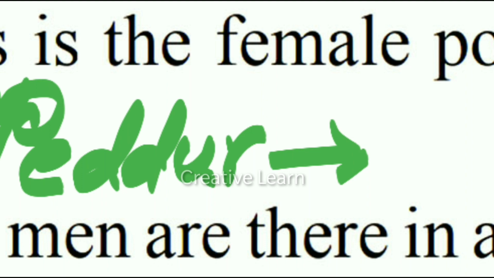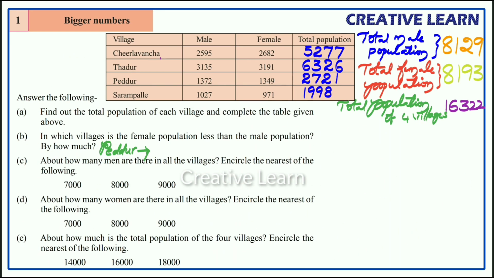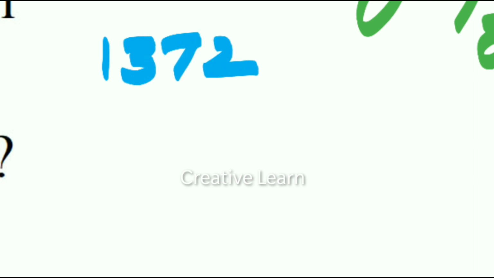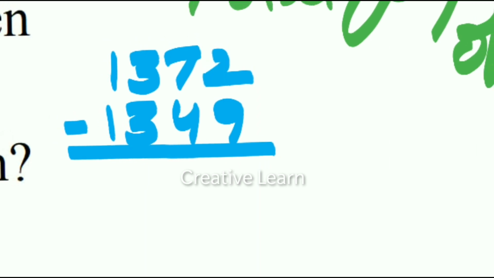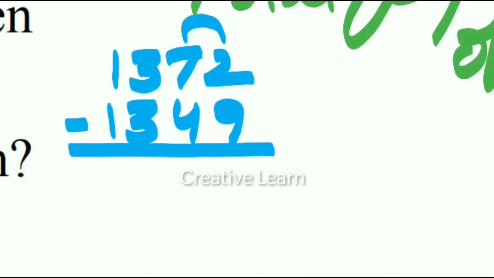By how much? Let's do the subtraction. What is the male population of Pedduru village? 1372, and female population 1349. Now do the subtraction. 2 minus 9, not possible. Then take the borrow. It becomes 12 because 10 plus 2 is 12. Now 12 minus 9 is 3.